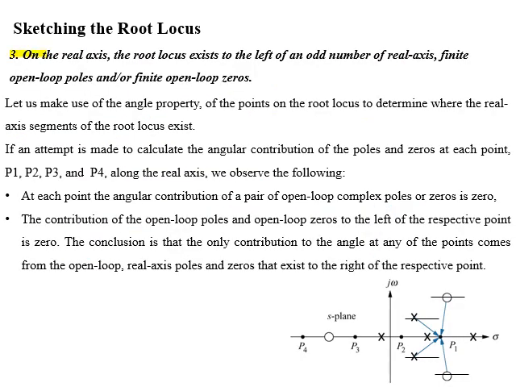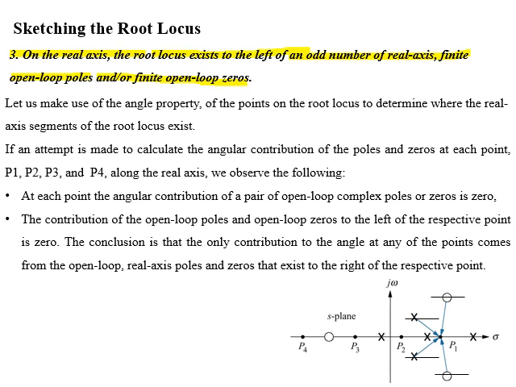Dear students, the third rule is that on the real axis the root locus exists to the left of an odd number of real axis finite open loop poles and/or finite open loop system zeros. This rule is valid for poles or zeros of the open loop system on the real axis.